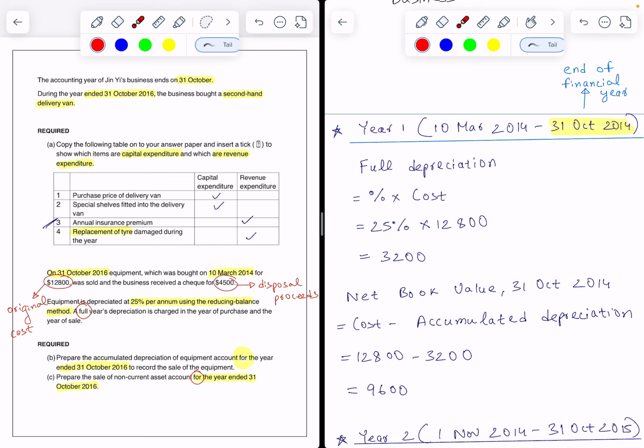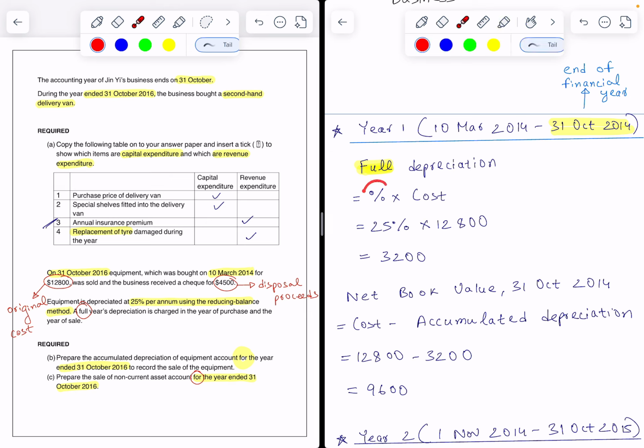So the first year of usage for this asset would be from 10th of March 2014 until 31st of October 2014, because at 31st of October 2014, the financial year of the business would have ended, right? Now, based on the business policy, we are applying a full depreciation in the year of purchase. So how do we apply a full depreciation?